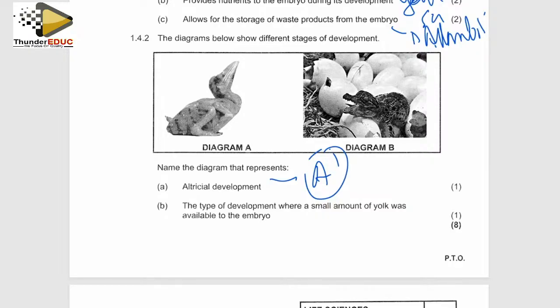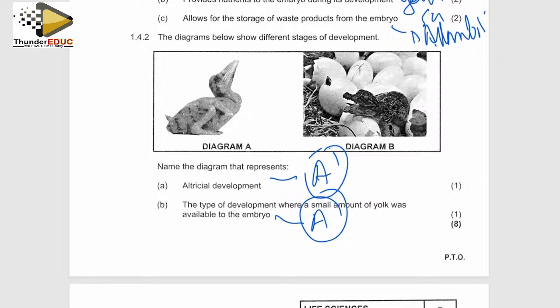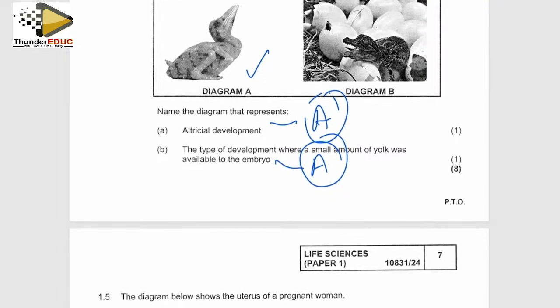So that's why they don't have enough food nutrients to make them develop. So the answer still becomes diagram A. This one had a large amount of food in its yolk, therefore it is able to develop fully, while this one has a small amount of yolk, therefore it couldn't develop fully because the nutrients were not enough. Yes, so the answer is A.